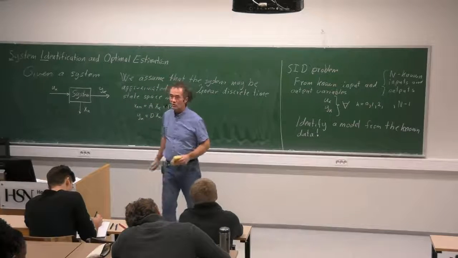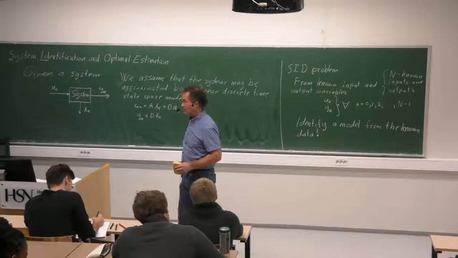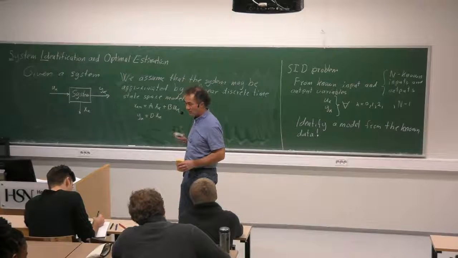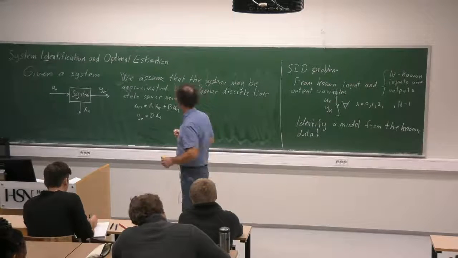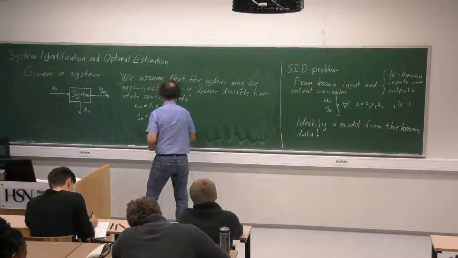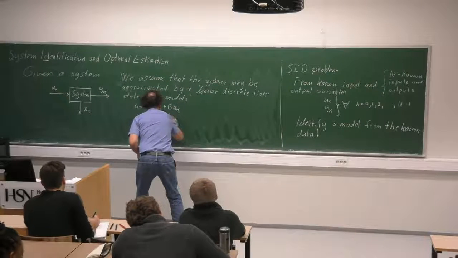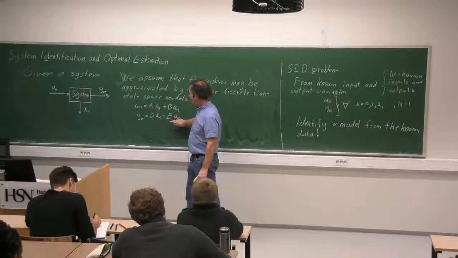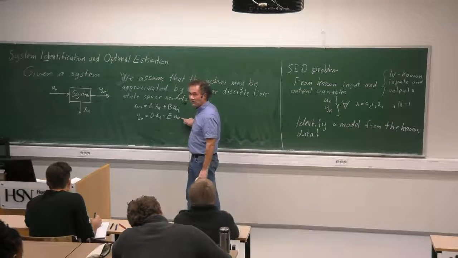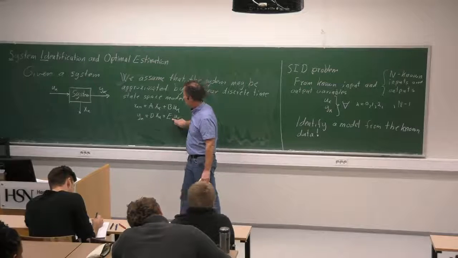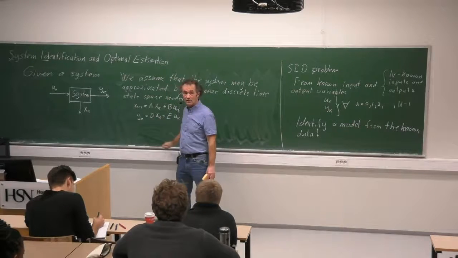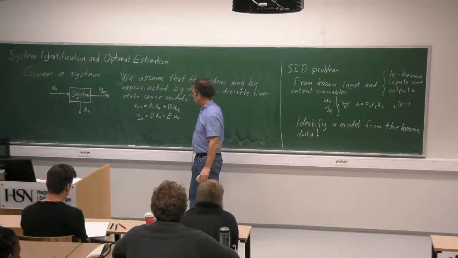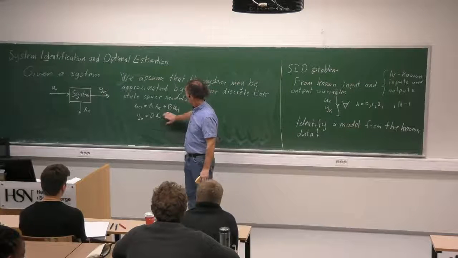Some textbooks or some teachers are using C, but I'm using D as the symbol for the output matrix. Plus E u_k. Sometimes there may be a direct influence from the input vector u to the output in this way. Not always.